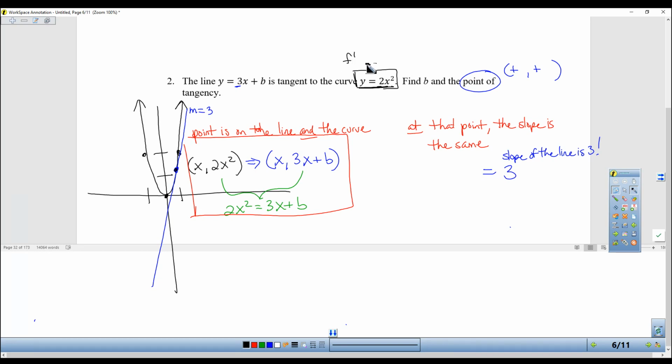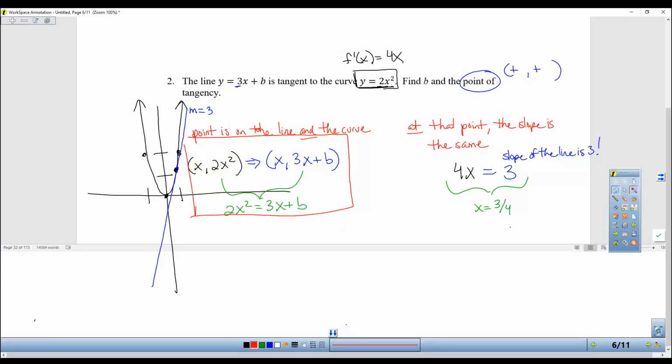F prime of x is 4x. That tells me the slope anywhere. So 4x equals 3 means I can find, using this formula, the x value where the slope is 3. So 4x is equal to 3, x is equal to 3/4.